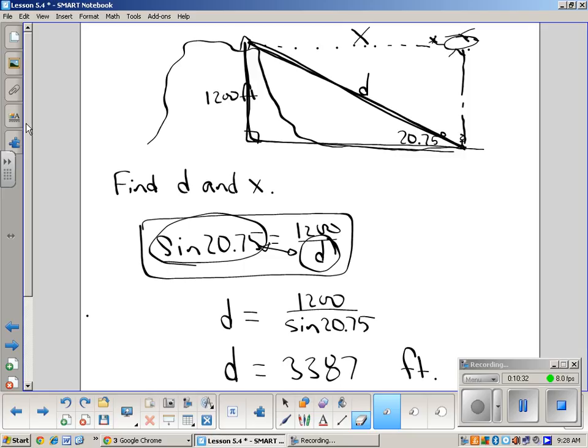So he's saying that this side up here is the same as this side down here, because I've created a rectangle in my picture, haven't I? And opposite sides are going to be equal. So the 1200 would be the same as how high the helicopter is above my head. That's correct. This would be 1200 also.